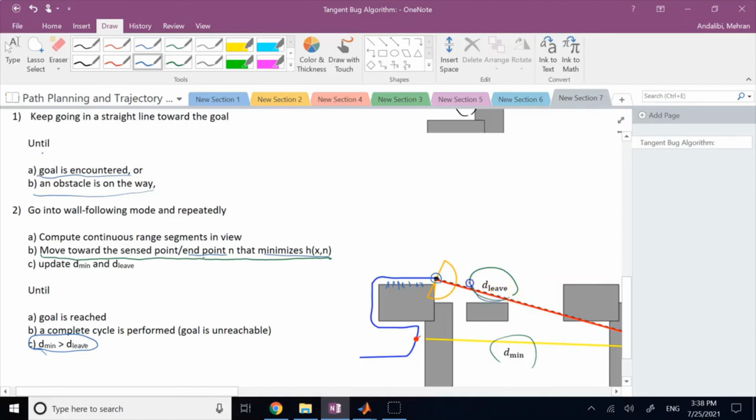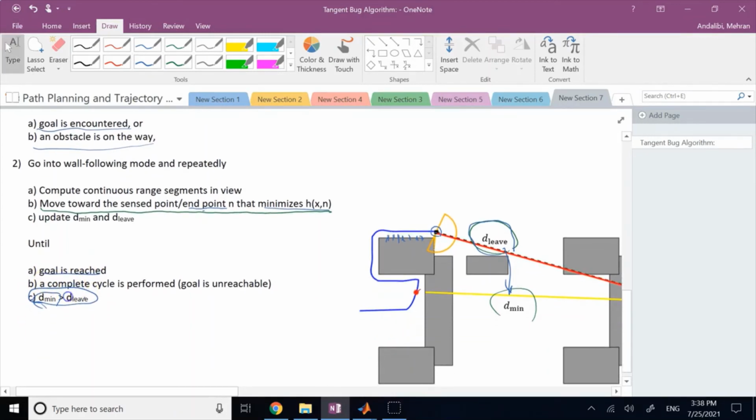And whenever dleave is less than dmin, which means you found a better point toward the goal, you can stop the wall following and directly go toward the goal until you hit another obstacle or you reach the goal.